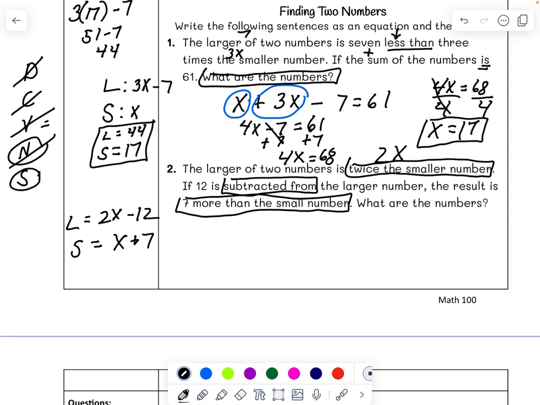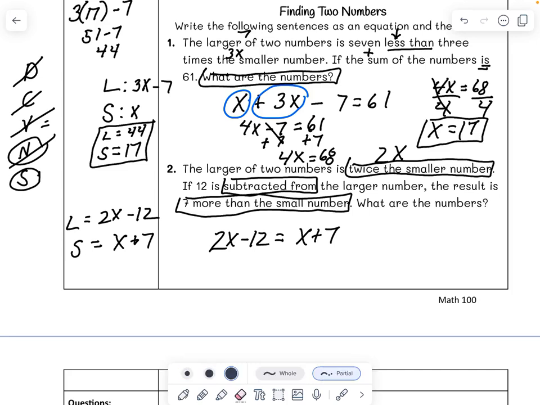So if I do 2 times the smaller number and subtract 12 from it, the result is 7 more than the smaller number. So what this problem is saying, if I do 2x minus 12, it's going to equal x plus 7. This is a statement where my larger and my smaller number will be the same. They'll equal each other.